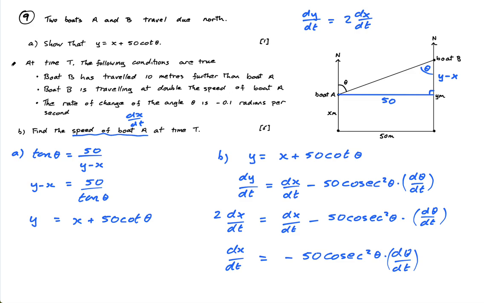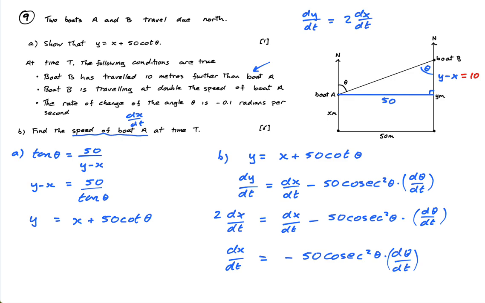But there's one bit of information we haven't used yet, and it's this. At time t, boat B has traveled 10 meters further than boat A. So that means that this distance here, the y minus x, that's how much further boat B has traveled, this is 10.